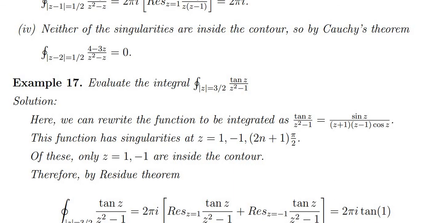But of all these singularities, only 1 and −1 are inside the contour. So by the residue theorem, the value of this integral is equal to 2πi times (residue at 1 plus residue at −1). That's equal to 2πi tan 1.